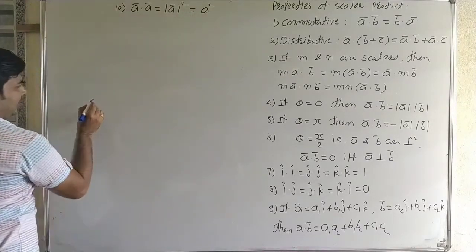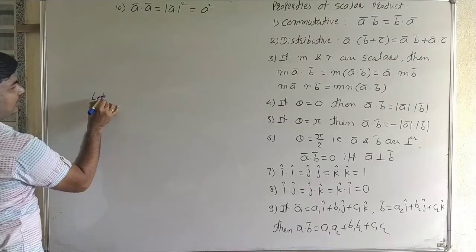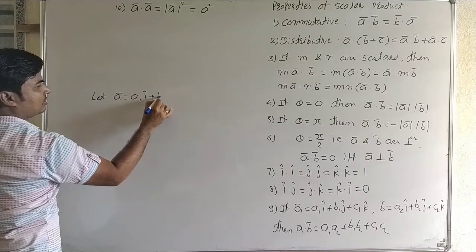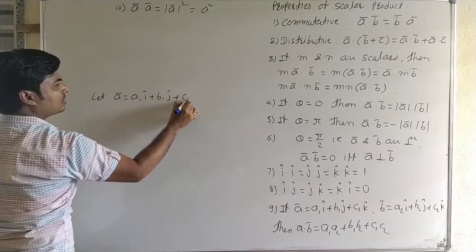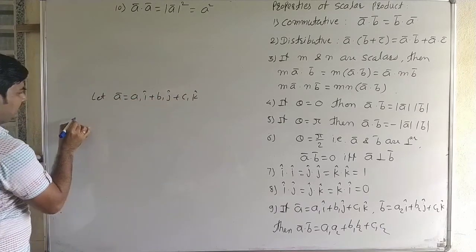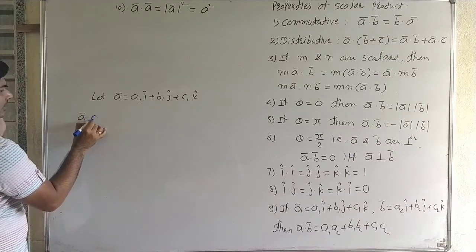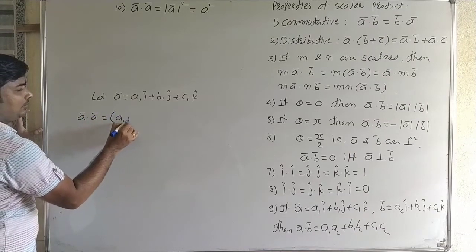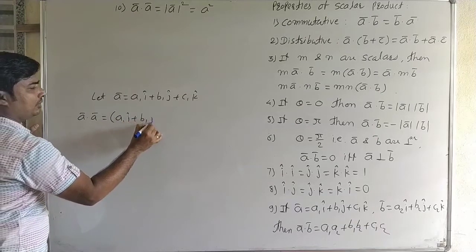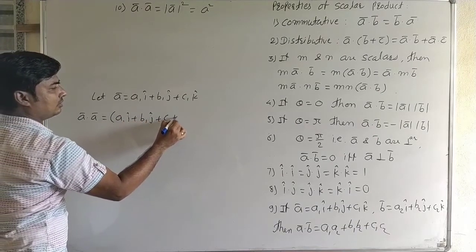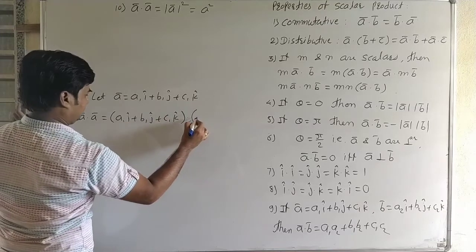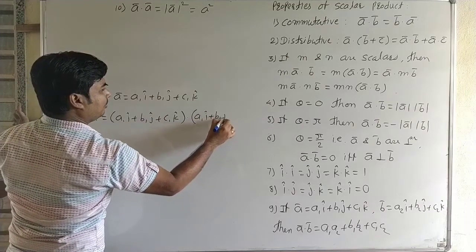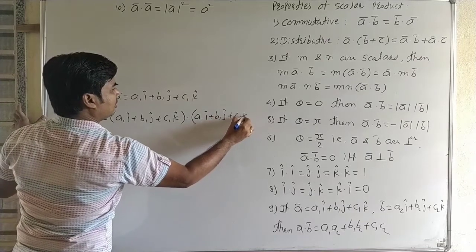Here let A bar be equal to A1 i cap plus B1 j cap plus C1 k cap. Then we take the dot product of A bar dot A bar, that is (A1 i cap plus B1 j cap plus C1 k cap) dot (A1 i cap plus B1 j cap plus C1 k cap).